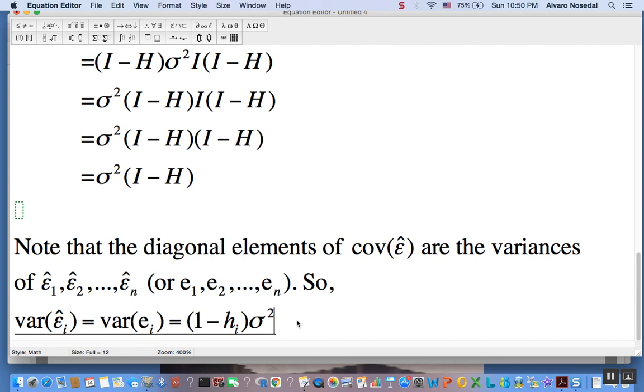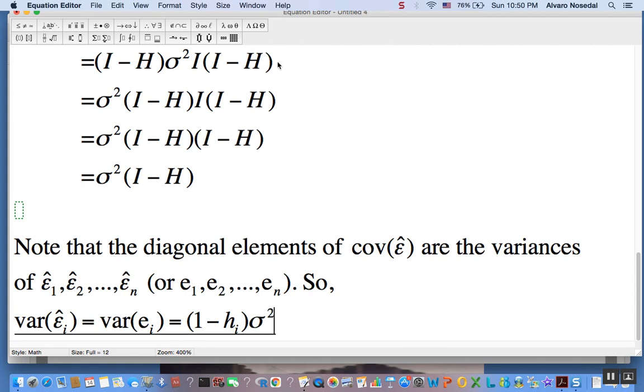So let's summarize what we did here together. We introduced the concept of covariance matrix of a random vector. Then we applied a proposition related to the covariance matrix of a random vector.